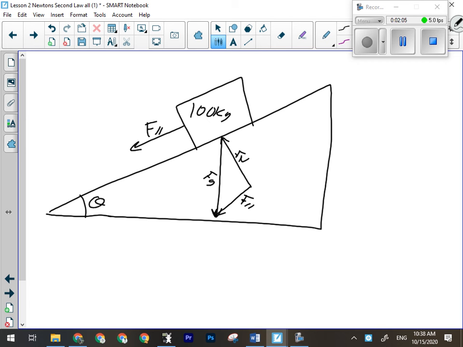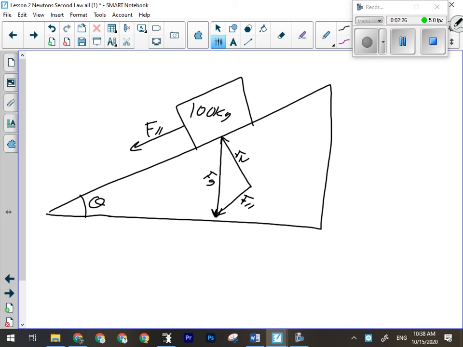I just don't pull as hard as gravity pulls down. It's much easier to get it out than it is to get it in, because I don't have to exert as much force to lower it down the ramp as I do to pull it up. So these are the little things we have to watch for: read questions carefully, and visualize when we're doing any kind of Newton's second law problem.